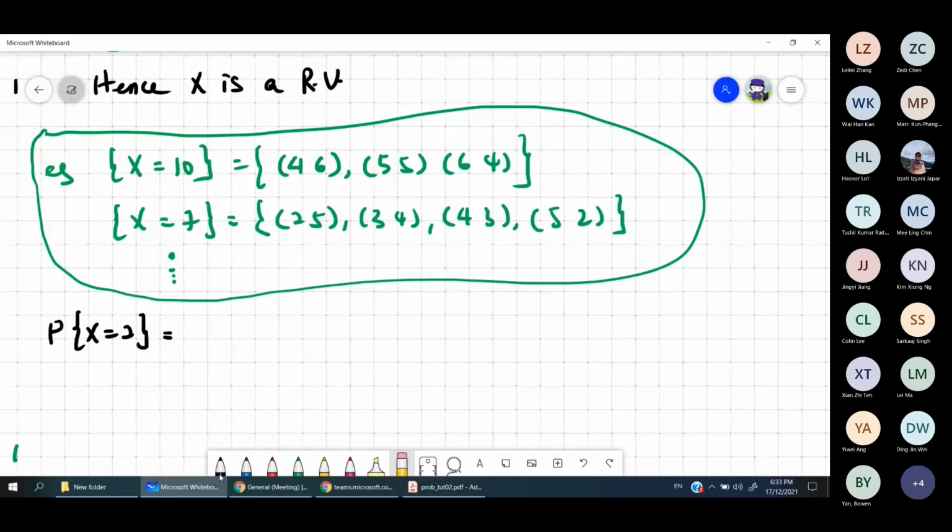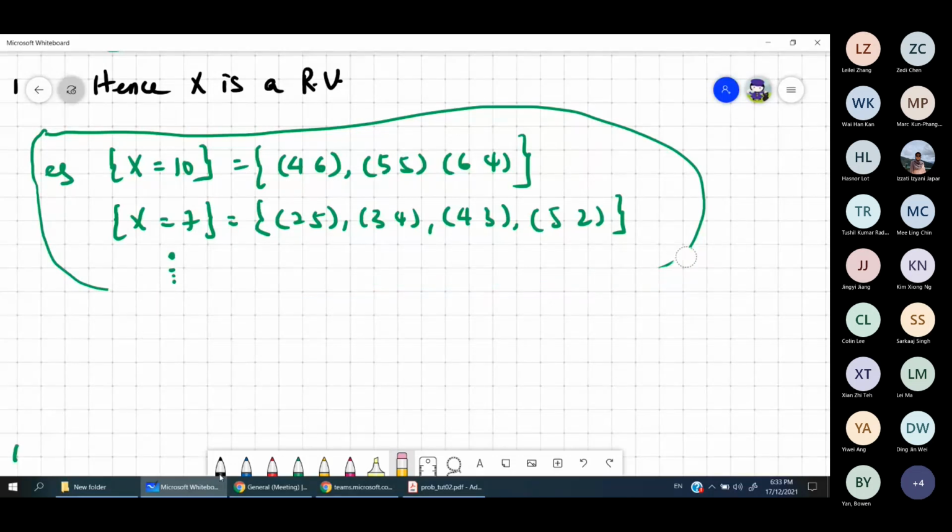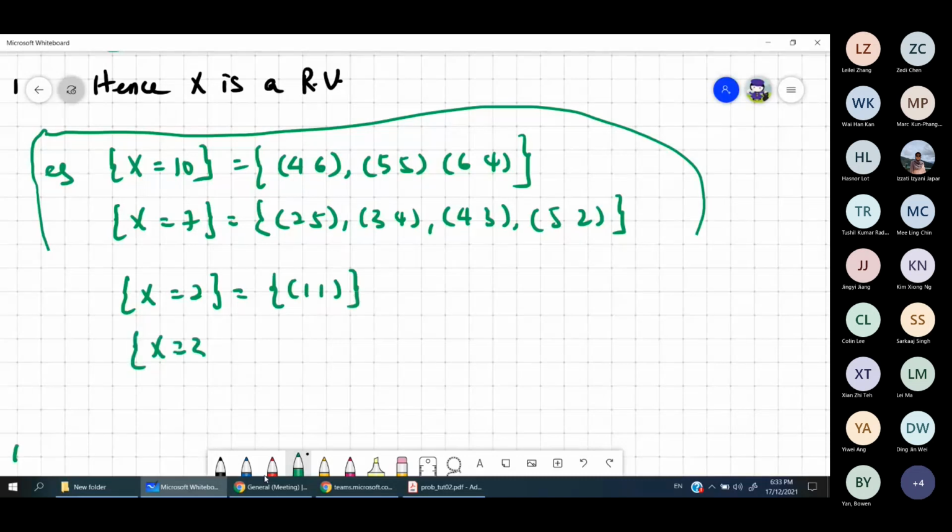Maybe I will just do the first few and the remaining you guys go and do yourself. For example, first, when X is 2, how to get 2? Only one element, 1 and 1, right? How to get 3?